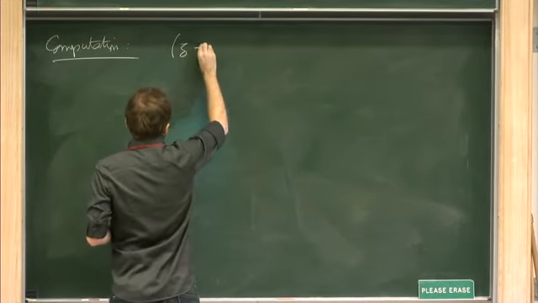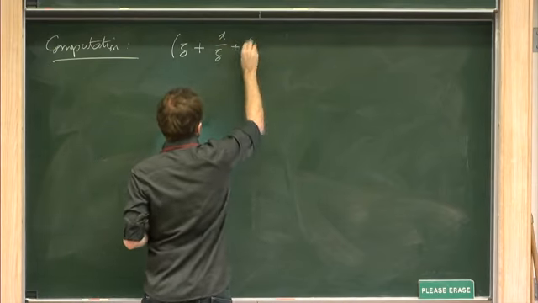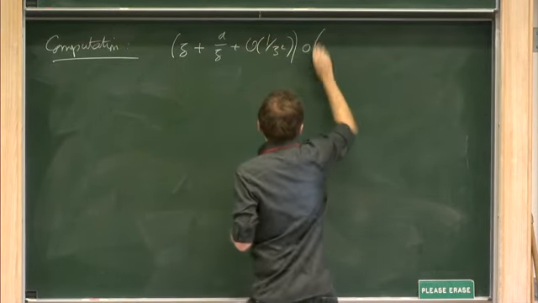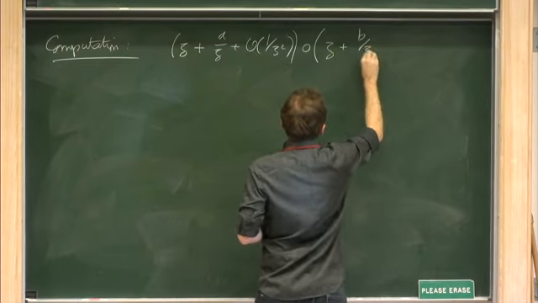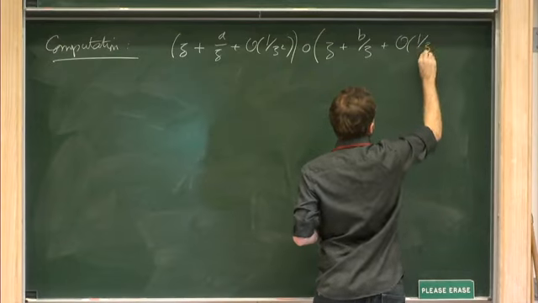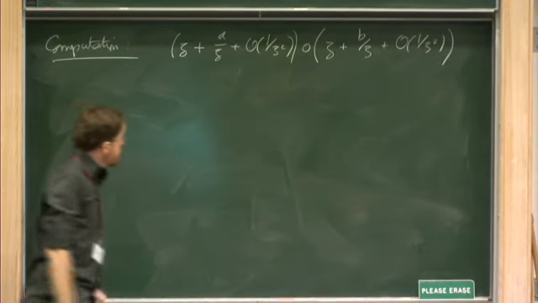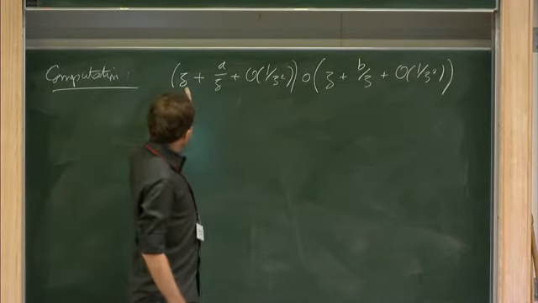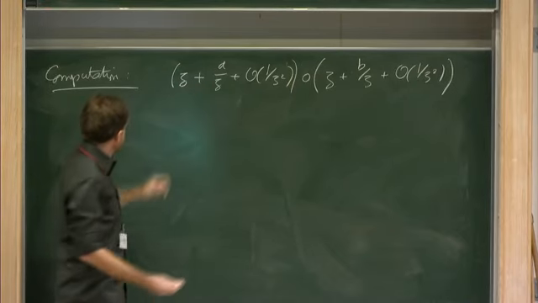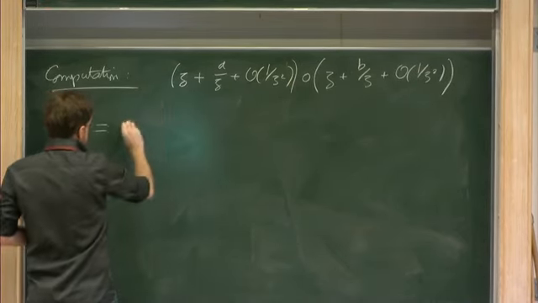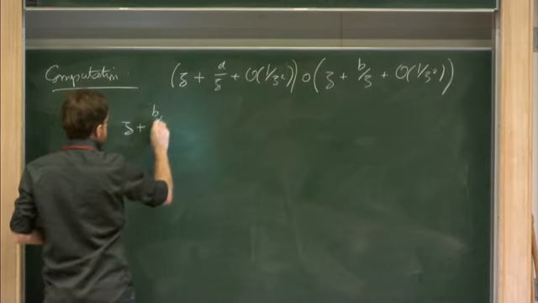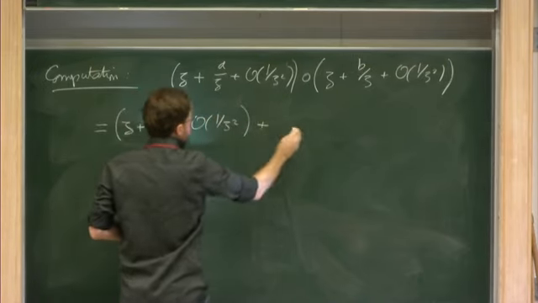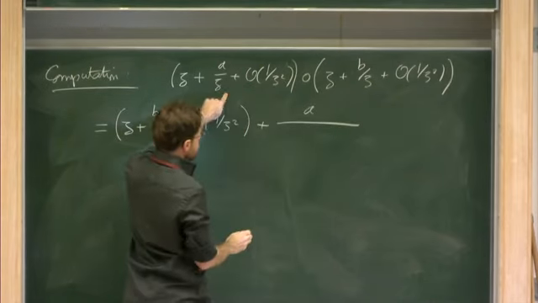Let's look at a map which is z plus a over z plus big O of 1 over z squared, and compose it with a map which is z plus b over z plus big O of 1 over z squared. To compose two maps, you just replace z by this on the left. So you get z plus b over z plus big O of 1 over z squared, plus a over this.